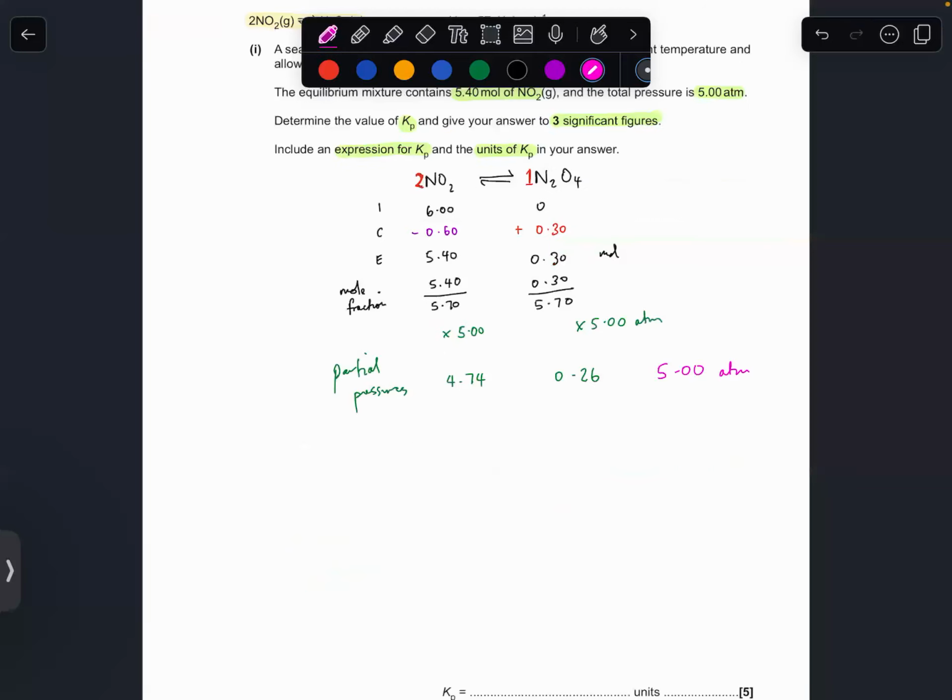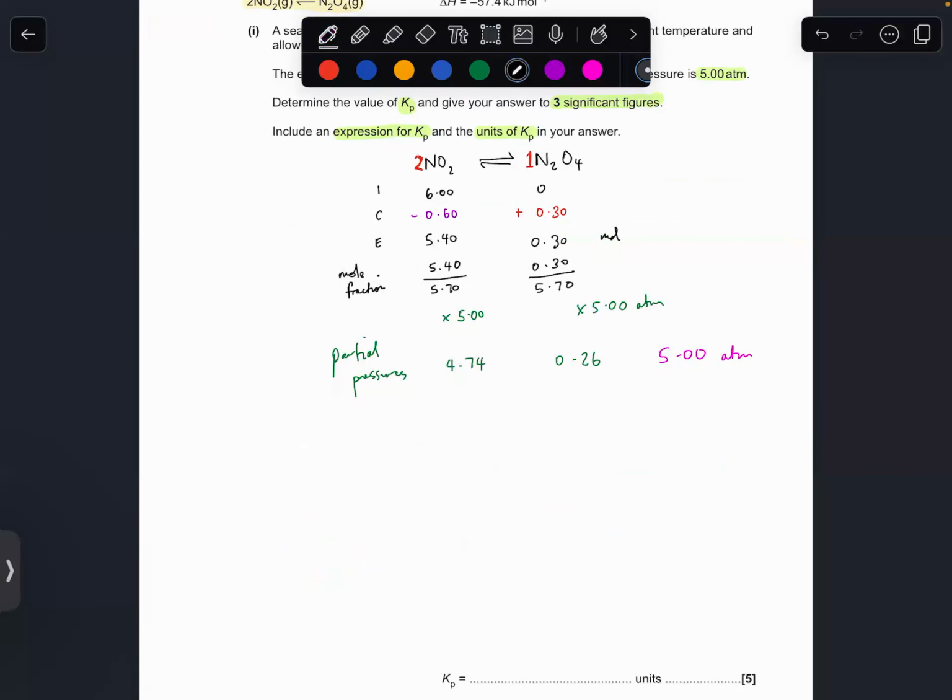We need to write down the expression for Kp. It's always products over reactants. We use P and we use curved brackets. So products is N2O4, products over reactants. Our reactant is NO2, but because there's a big 2, we raise that to the power of 2.